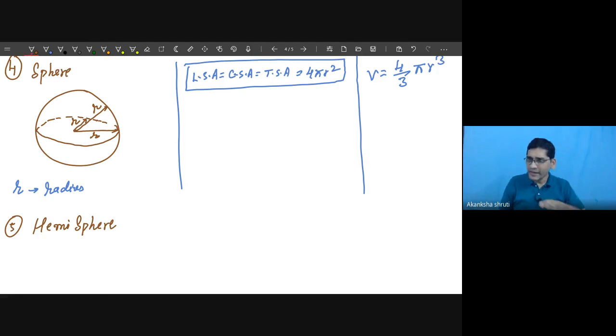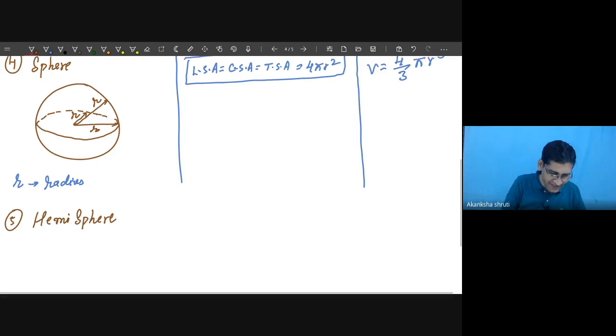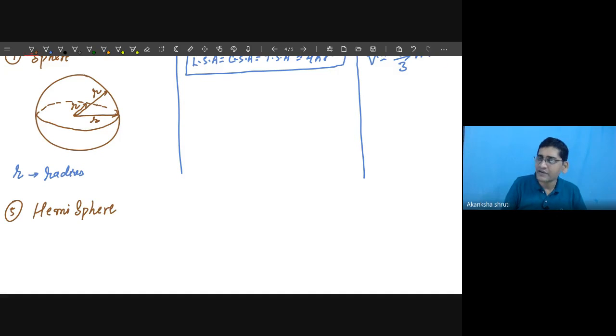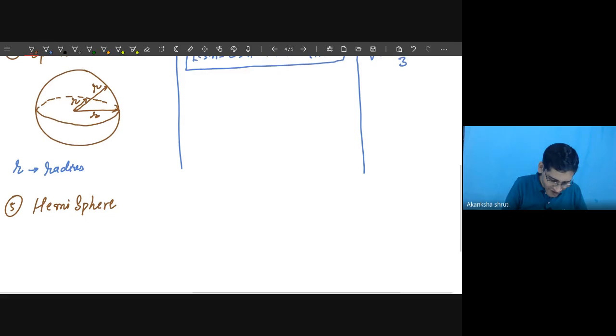How to draw? The sphere is cut equally into two parts. While cutting equally into two parts, each part represents a hemisphere. So it can be drawn like this. While cutting, this will give the circular area with the center, and this as the radius, and the other top one is there.